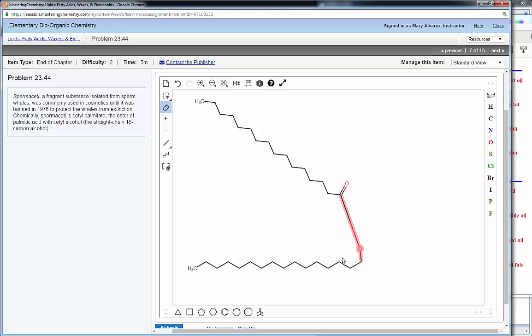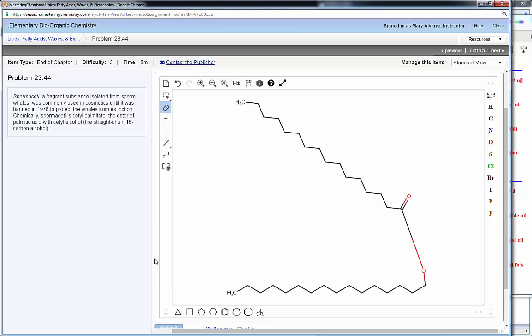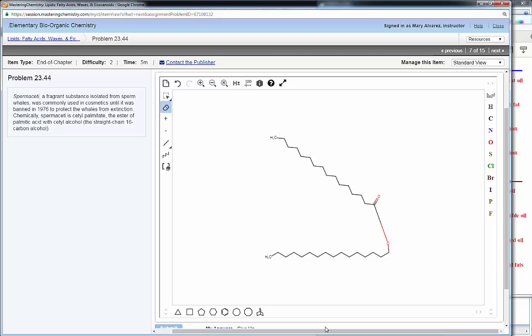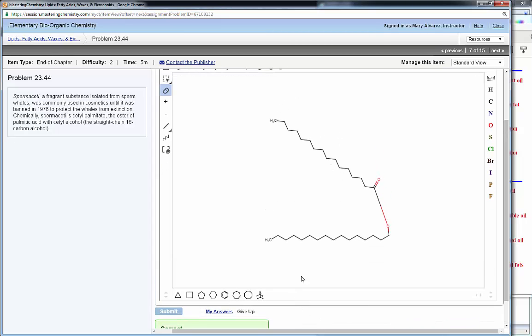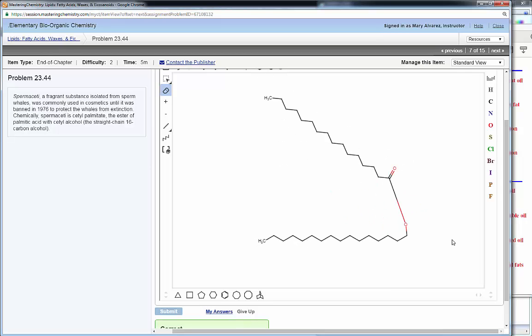That OH ran away with the H, and that should be the ester formed between palmitic acid and cetyl alcohol. Again, it doesn't need to be pretty, just needs to be right. And you can kind of zoom in. I'm using my scroll wheel here to zoom in to give myself enough room to make that work.